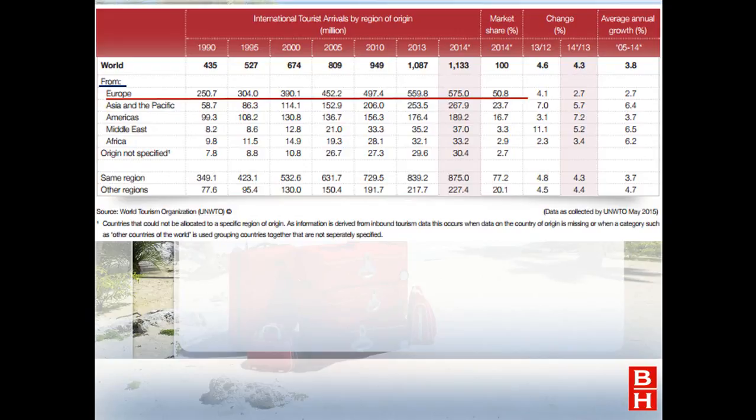So Europe is #1 in terms of international tourist arrivals by region of origin. And Asia is #2 here because if you look at China in terms of numbers and how much that represents, not only in terms of money, but in terms of number of tourists, that's a huge number. So that's why Asia is #2 here.